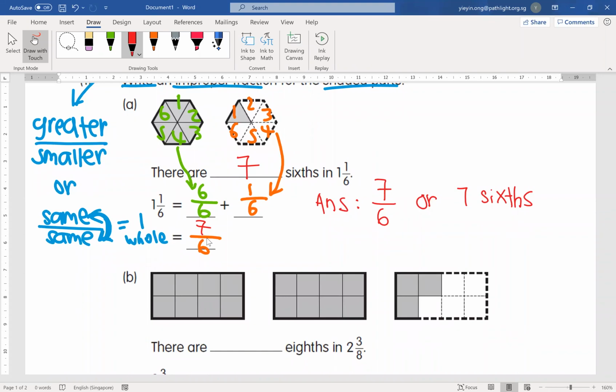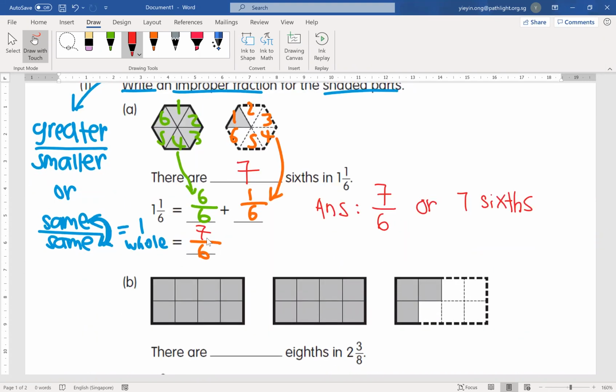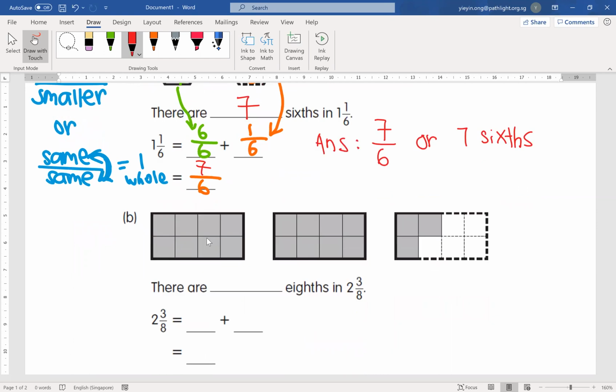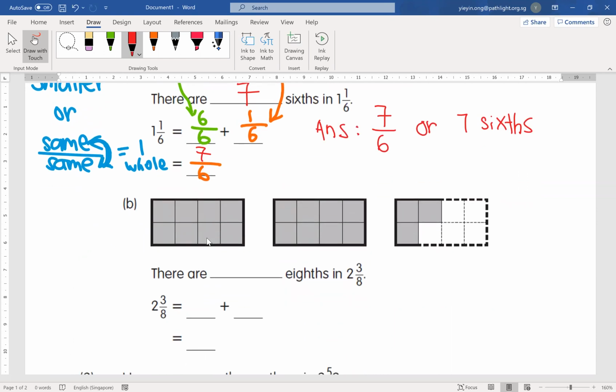Okay, then let us try the next one, question 1B. So for question 1B, same thing. You can count the total number of eighths in the rectangle. So each square is 1 eighth. So 1 eighth, 2 eighths, 3 eighths, 4 eighths, 5 eighths, 6 eighths, 7 eighths, 8 eighths.